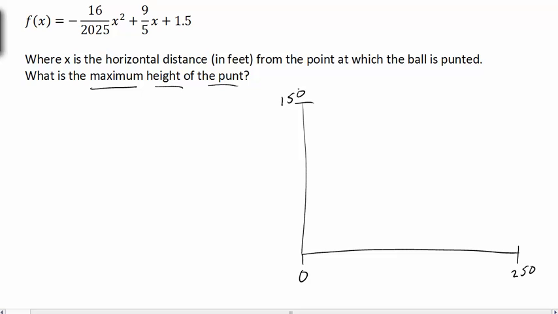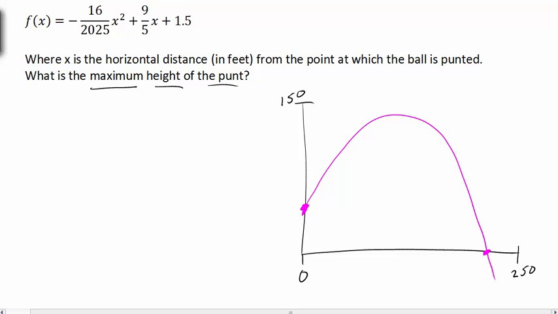Now, this is just something you'll have to play around with to figure out how to get the graph of your parabola. Now, when we punt this ball, the path of it is going to look something like this, where it is going up and then down. And then over here, this is where the ball hits the ground.